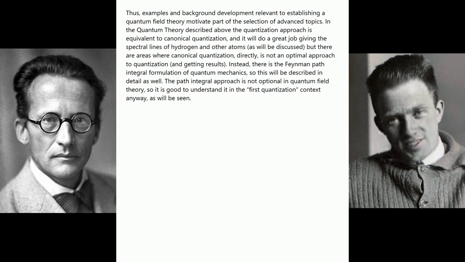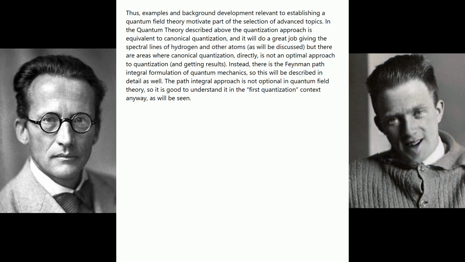In the quantum theory described above, the quantization approach is equivalent to canonical quantization, and it will do a great job giving the spectral lines of hydrogen and other atoms, as will be discussed, but there are areas where canonical quantization, directly, is not an optimal approach to quantization and getting results.